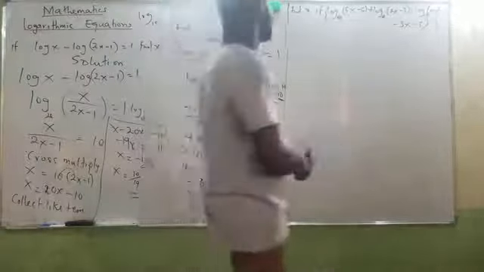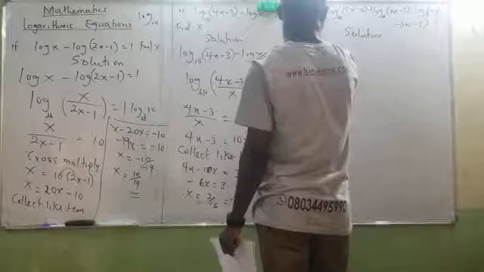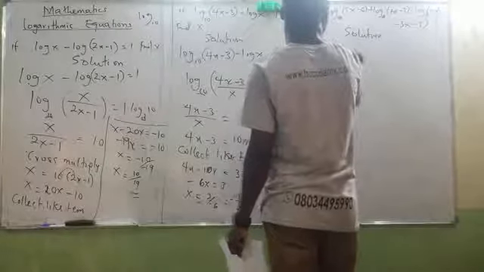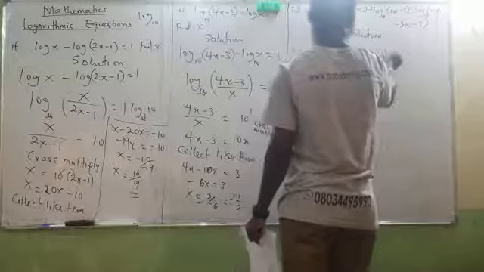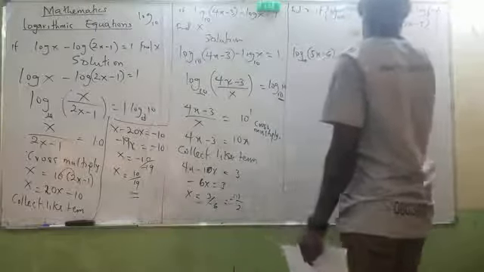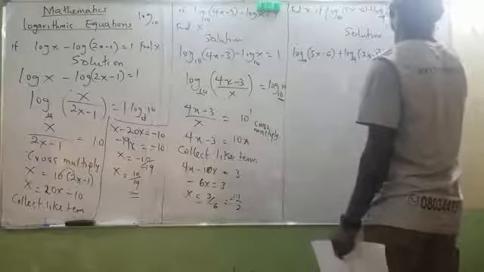Now I have log base a (5x minus 2) plus log base a (2x minus 3) equals log base a of (10x squared minus 3x minus 15). Now look at this, this is an equals sign. Take note of that. At an equals sign, what you need to check is whether they are of the same base.